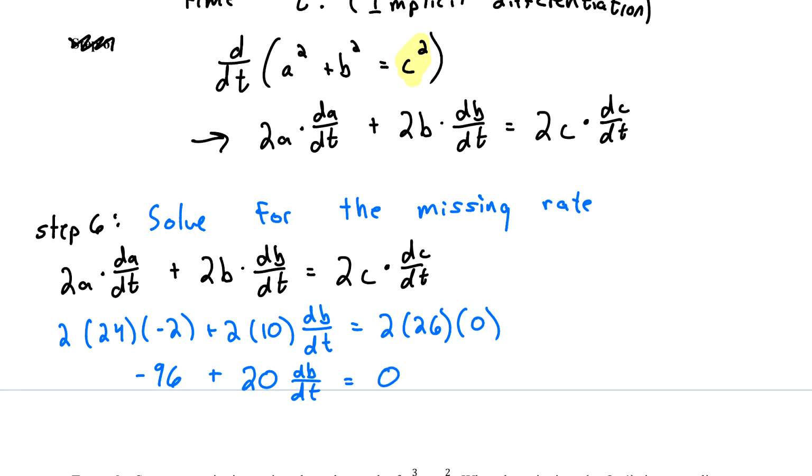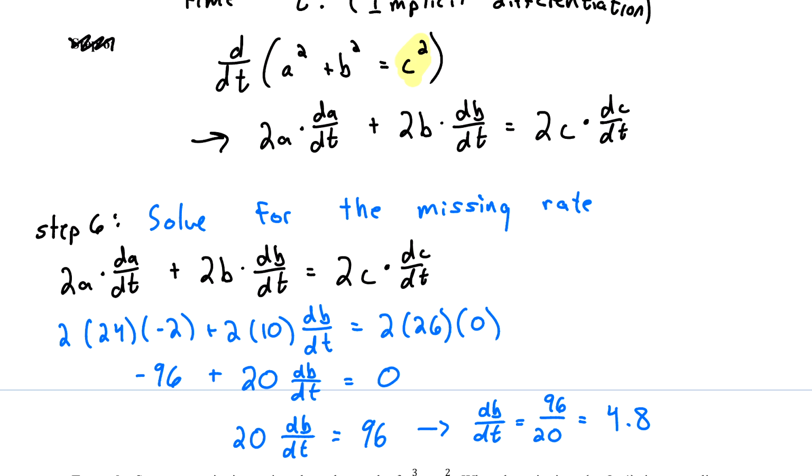So if I want to solve this equation, we'll add 96 to each side. So 20 dB over dt is equal to 96. That means dB over dt is going to be 96 divided by 20, or if I divide that out, 4.8. Now, I like to include a unit with my answer.